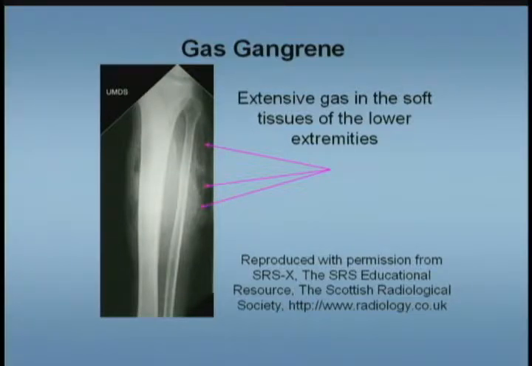Gas gangrene. Prior to the Second World War, the most common cause of death in all warfare prior to 1942 was infection. More Americans died in the First World War of Spanish flu, of influenza, than died from bullets.